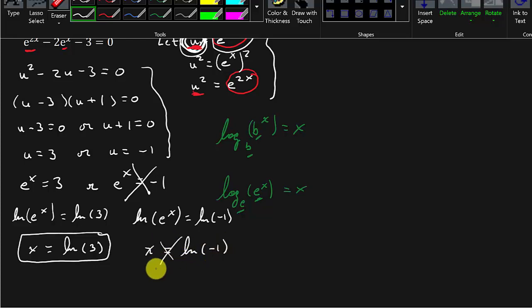You can't take the log of a negative number. That's another thing you learn when you study logarithms. And what you could do also is punch in natural log of negative 1 into your calculator and see what it gives you. It's going to give you an error message. Okay, and so our only solution is natural log 3.